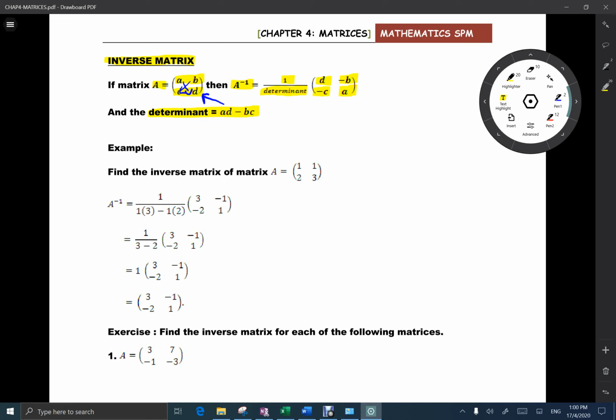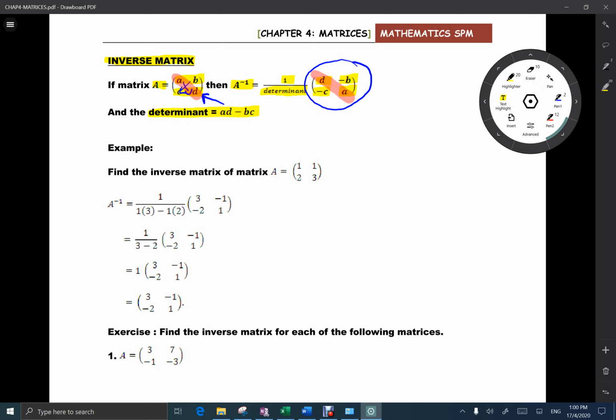Okay, now look at here, this part. Now matrix A, first it's AD. Then bila dia jadi inverse, it would be DA. Means that this part, you need to change position.